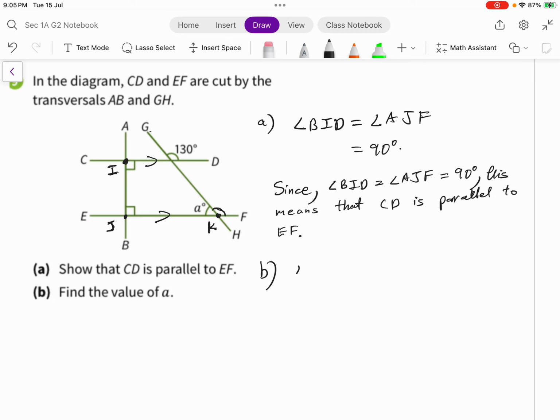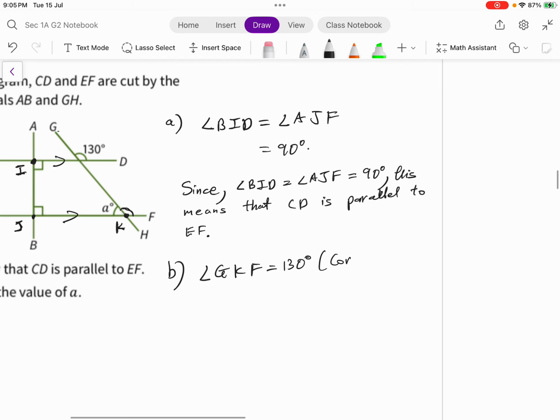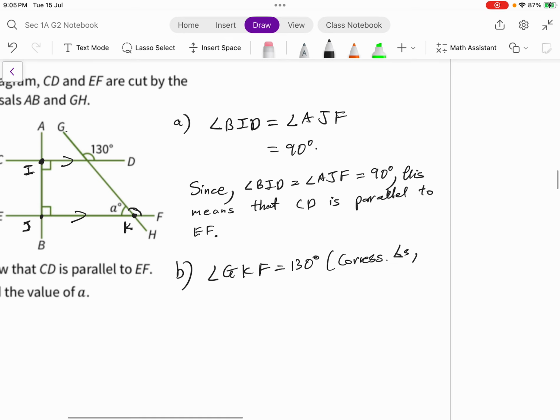So angle GKF equals to 130 degrees because of corresponding angles, because CD is parallel to EF, right?